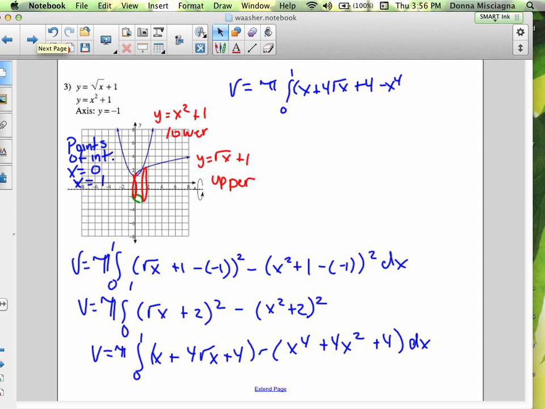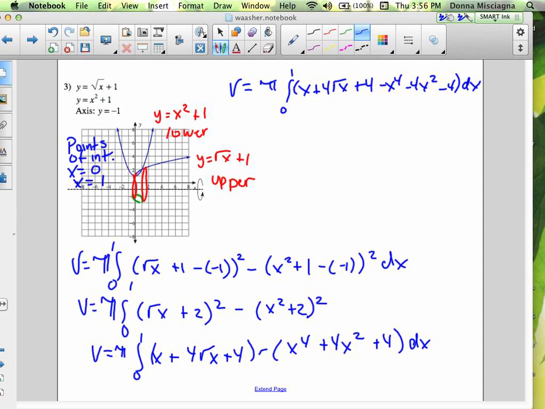And we should probably simplify. Minus 4x squared. My shadow is blocking. Minus 4 dx. We haven't integrated yet. And then, well, let's combine some terms. The only thing I see is the 4 and the negative 4.